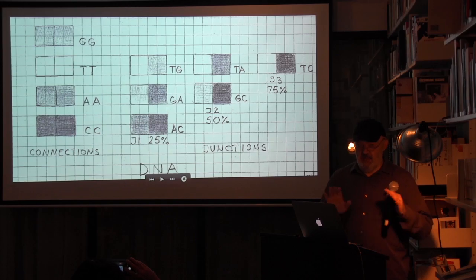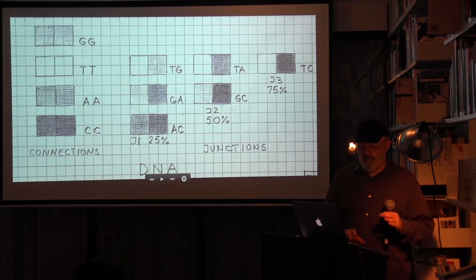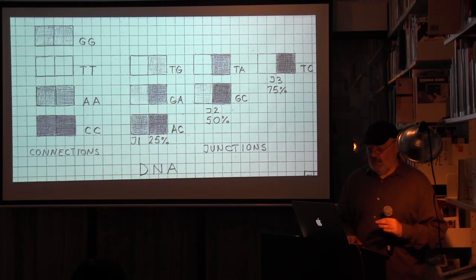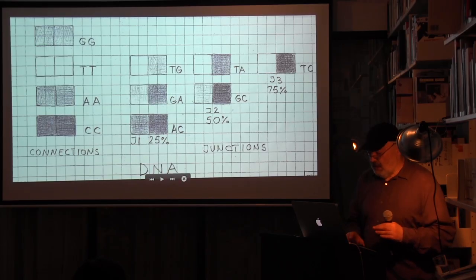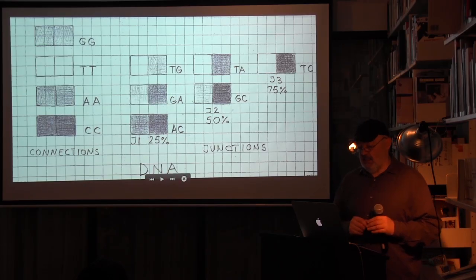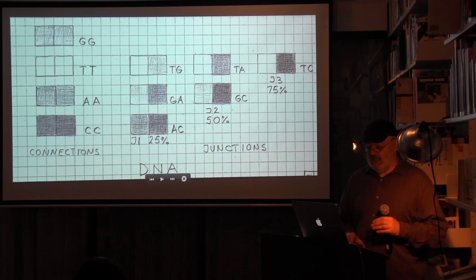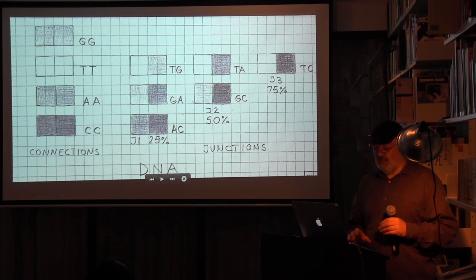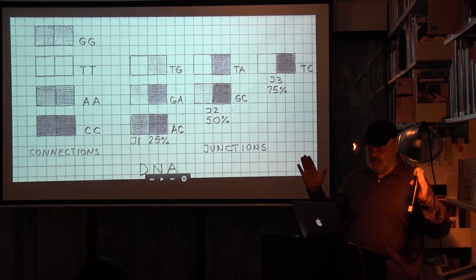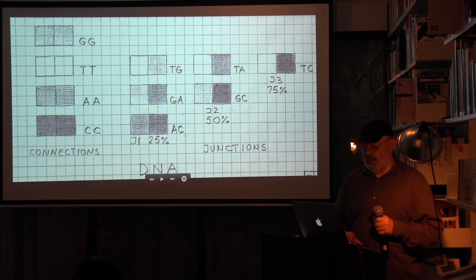Guanine and adenine are also spatial neighbors, and adenine and cytosine. And the difference between them is 25%. This is what we have in this main representation of the genetic code.